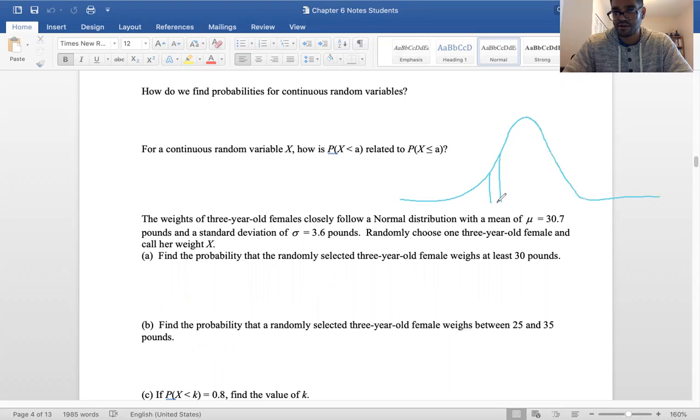If I try to calculate the area under this curve, as I move this line and get closer and closer, the area is going to get basically 0. So with continuous data, the probability that x is less than a and the probability that x is less than or equal to a are the exact same thing, because this area gets so small that it's 0. That doesn't happen in the discrete case because you do have those jumps.